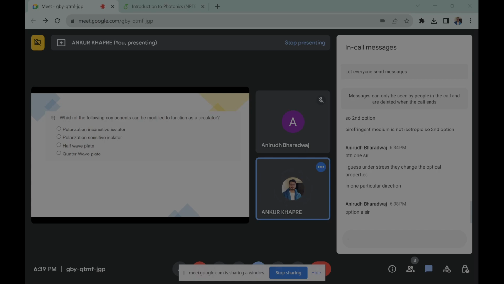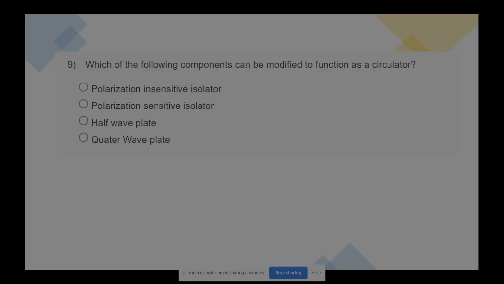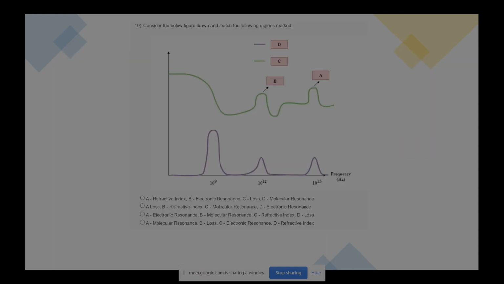Okay, now we'll go for the last question. Consider the figure below and match the following regions marked. Option A is A equals refractive index, B is electronic resonance, C is loss, D is molecular resonance.